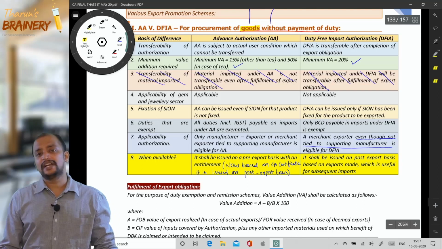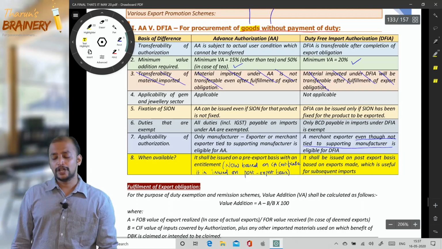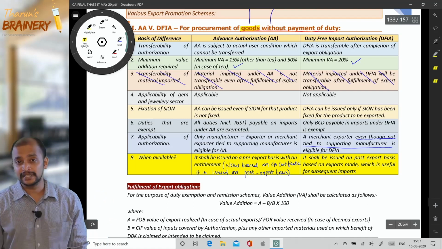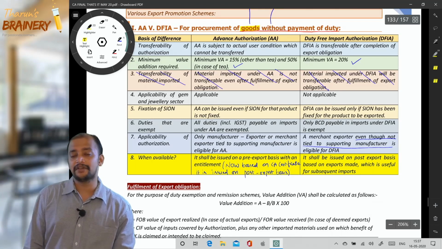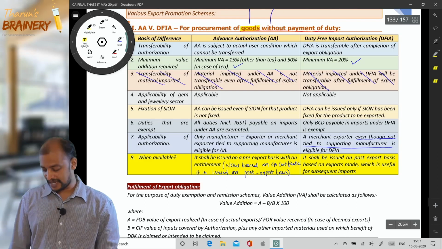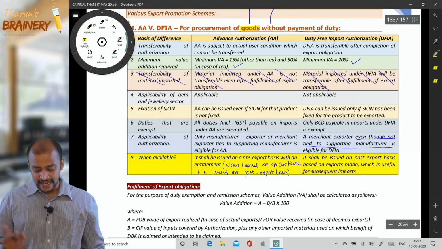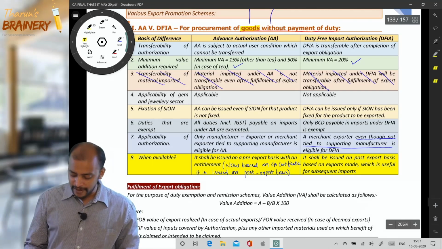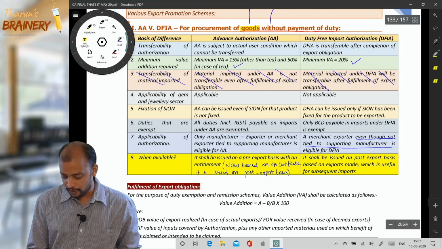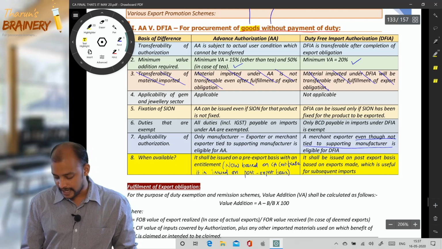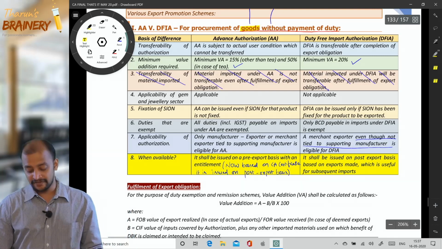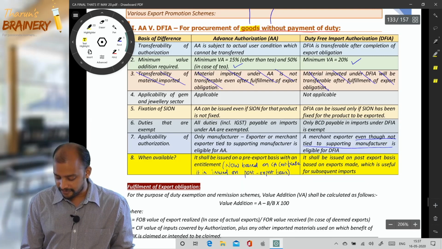Next, how to calculate the value addition? Because we need to achieve 15%, 20% and 50%, as we have discussed for value addition. How to calculate that? We have to take FOB value and CAF value. For example, my FOB value of exports equals rupees 125 lakhs, and CAF value of imports.